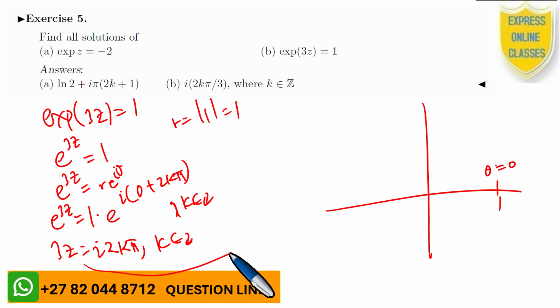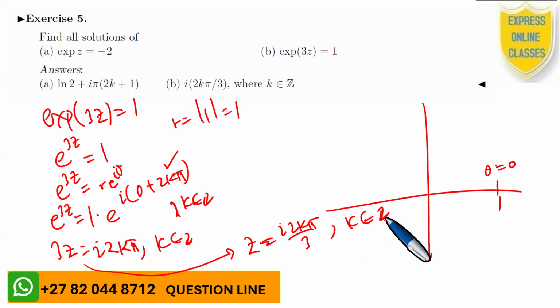We divide by 3 out of this, which means z is, you always add 2k pi. Always, it's like the period is 2 pi, 360 degrees, of the sine and the cosine function. So you divide by 3 here, it is 2k pi over 3, k in z. So this is the result of the exponential function.